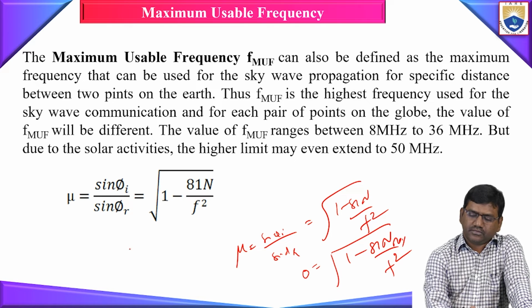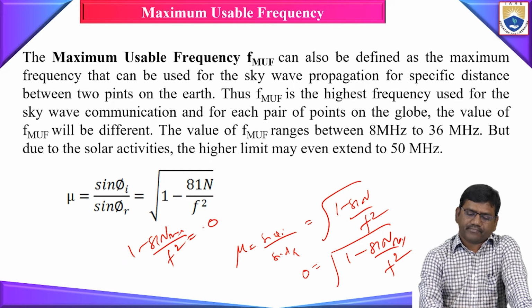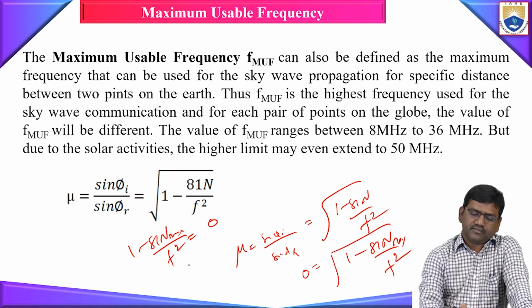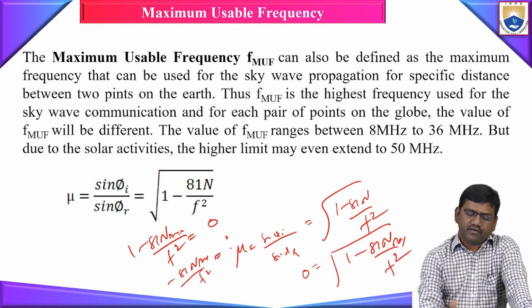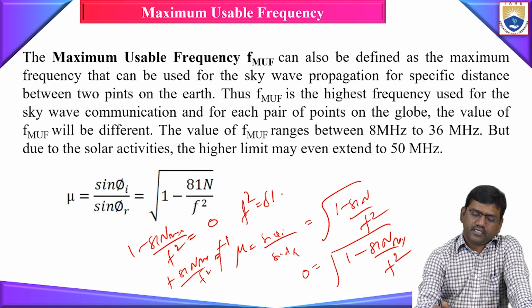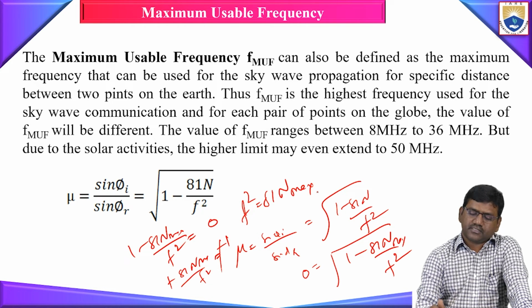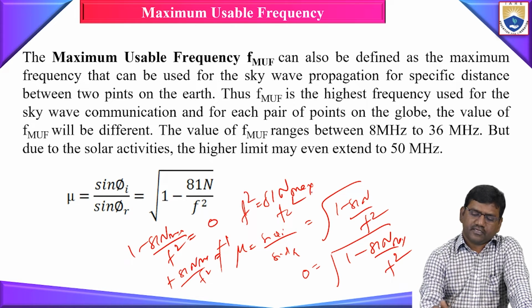So 1 minus 81 N max by f square is equal to 0, which gives 81 N max by f square is equal to 1. So f square is equal to 81 N max, and 81 N max is nothing but fc square. So fc is equal to f.